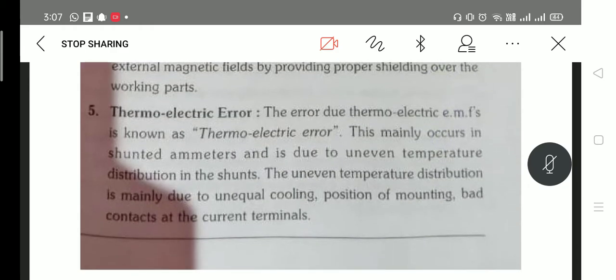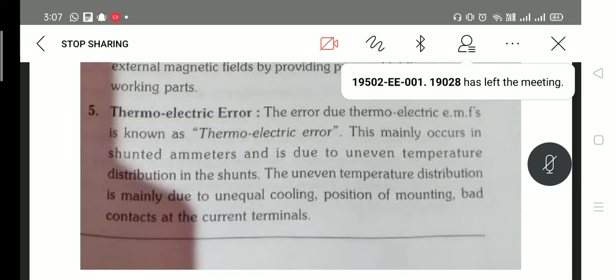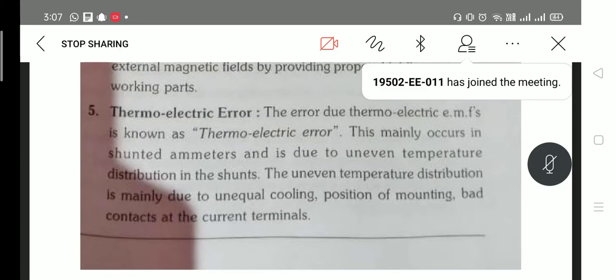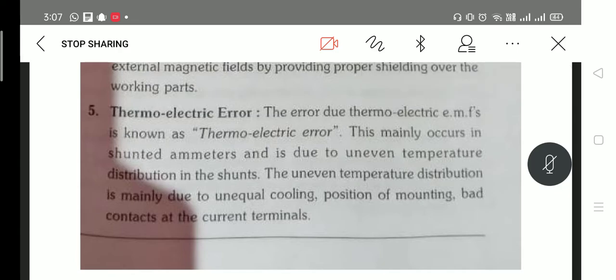Next one is thermoelectric error. The error due to thermoelectric EMF is known as thermoelectric error. It mainly occurs in ammeters, shunt ammeters. Okay, the error arises from temperature distributions.